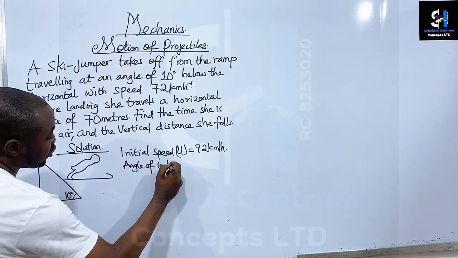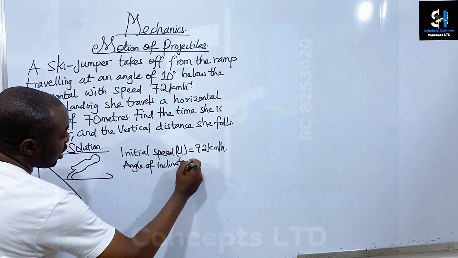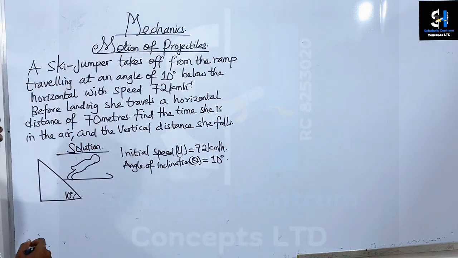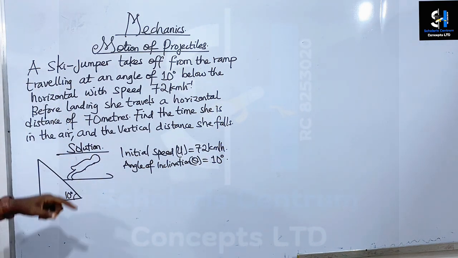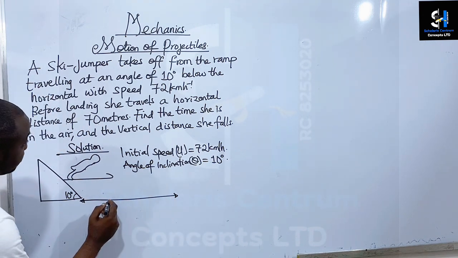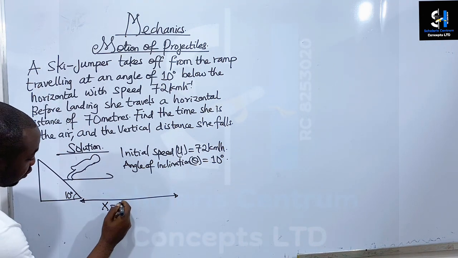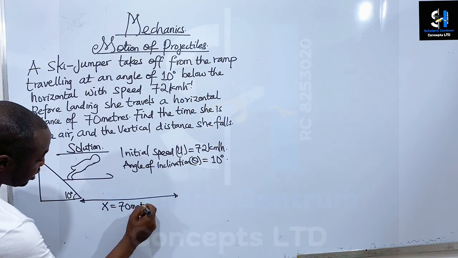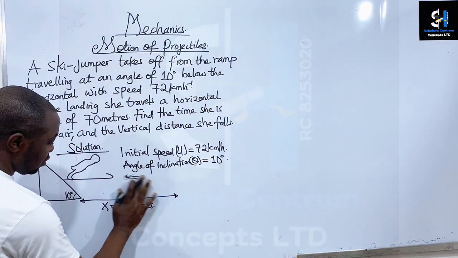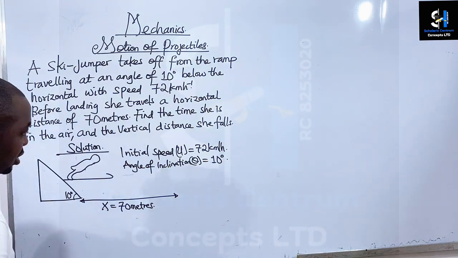The angle of inclination theta is given to be 10 degrees. She travels a horizontal distance of 70 meters, so we are given x, the horizontal distance.